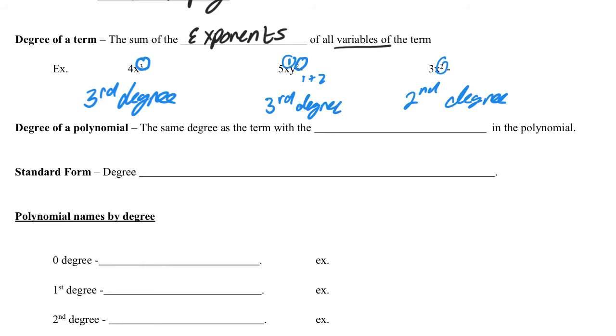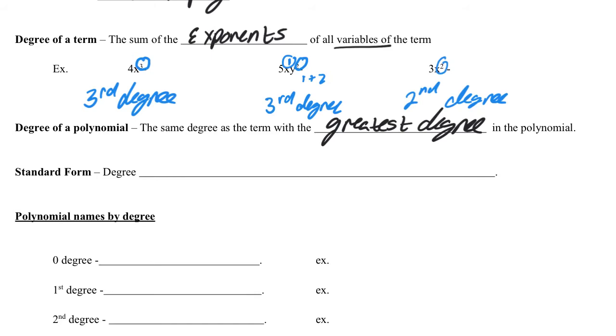Now what is the degree of a polynomial? What happens when we have many terms, not just one? We identify the degree of the polynomial as the term with the greatest degree. So we look for the term with the greatest degree, and that's going to determine the degree of the whole polynomial.